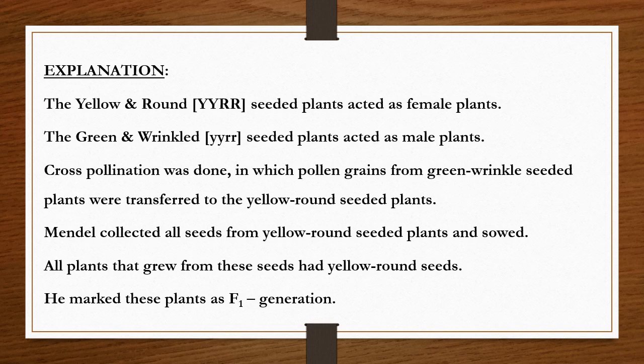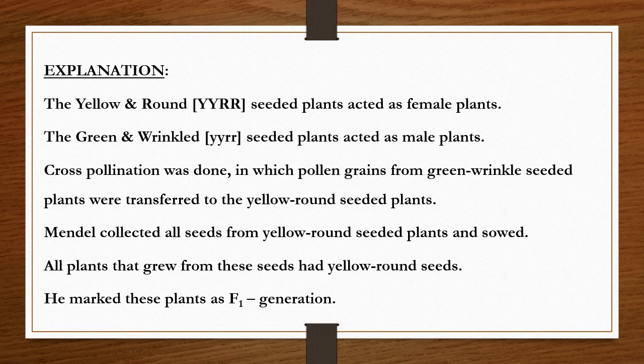Yellow and round are dominant over green and wrinkled. Cross pollination was done between these plants, in which pollen grains from the recessive green wrinkled seeded plants were transferred to the dominant yellow round seeded plants.